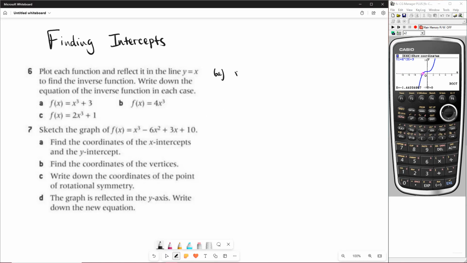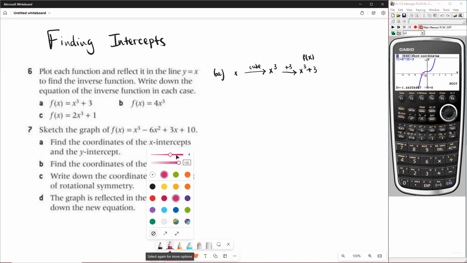So your function takes x and cubes it, and then it adds 3. And that's f of x, right? This is f of x. So if you want to find the inverse, you're going to have to do this in reverse now.